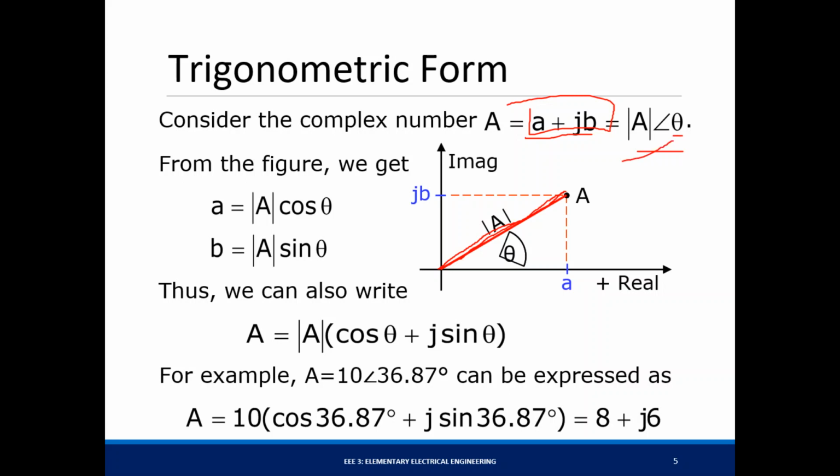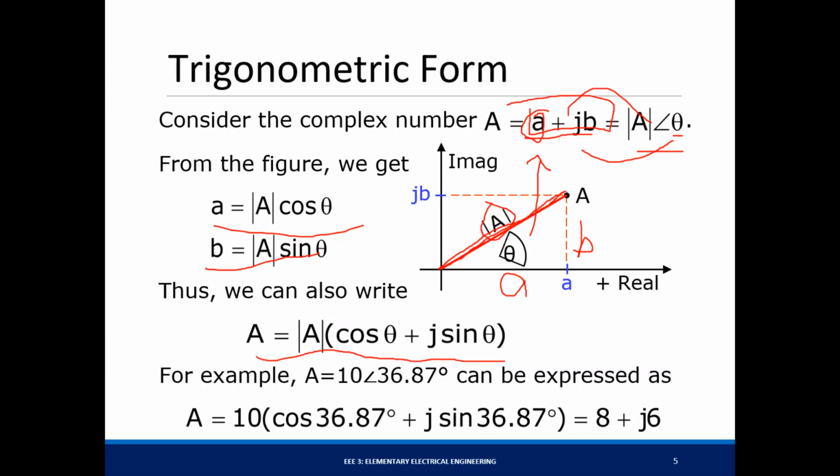So we just combine these two forms together. And knowing that a is this length, which is the x component, this is equal to the magnitude times the cosine of this angle theta. Therefore, we can write a as A cosine theta. b here is just A sine theta. Substitute it in the rectangular coordinate form, we get this expression right here.